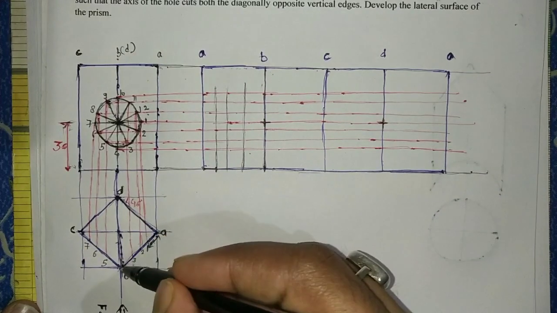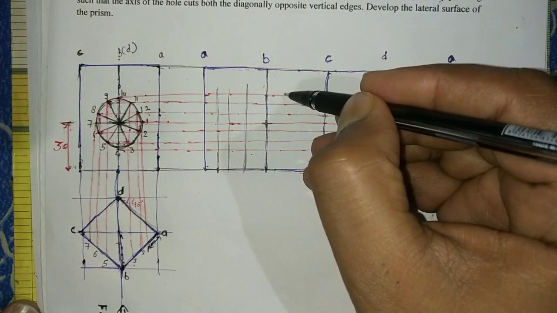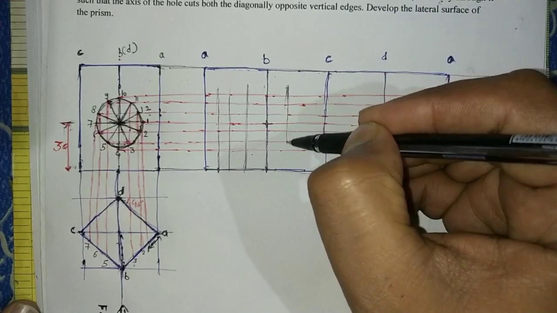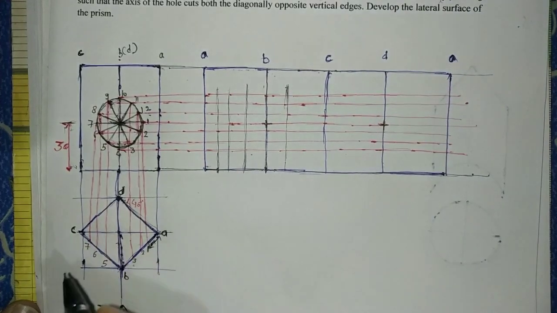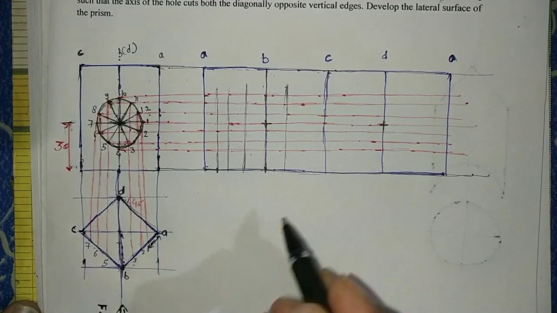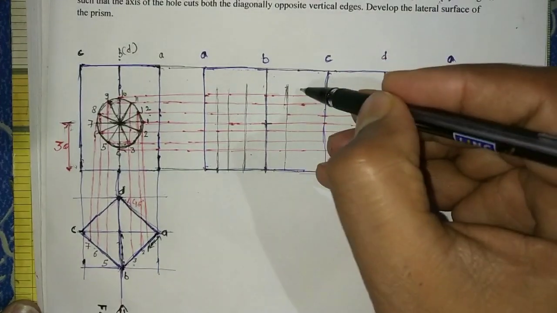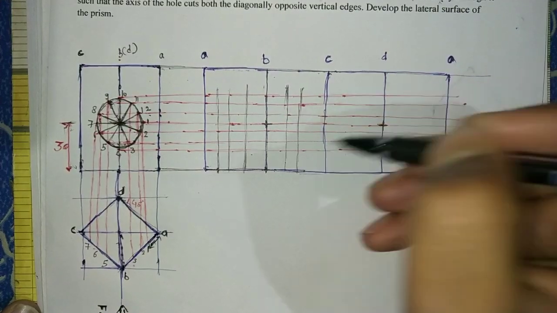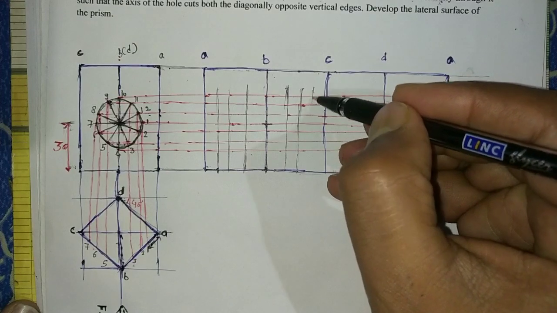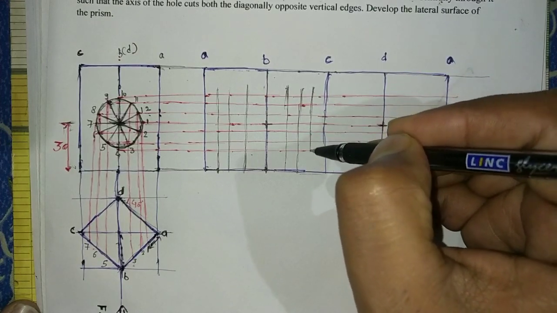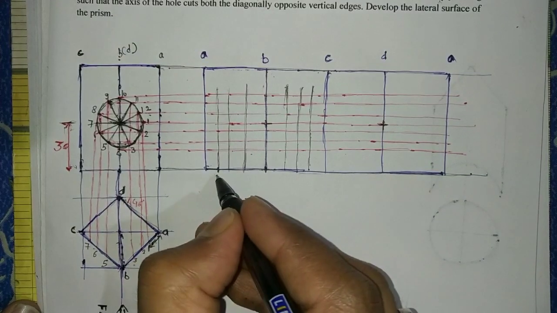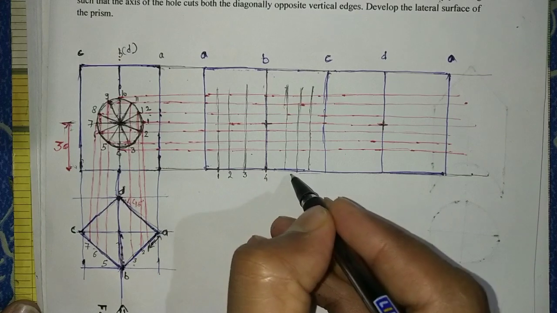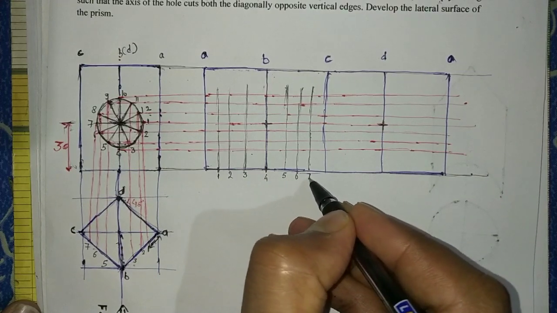Okay, so after B edge this one is 5, then this distance B to 6 we will measure. From B to 6 we will draw a vertical line, then B to 7. So this one is 1, this one 2, so 3, 4, 5, 6 and 7.